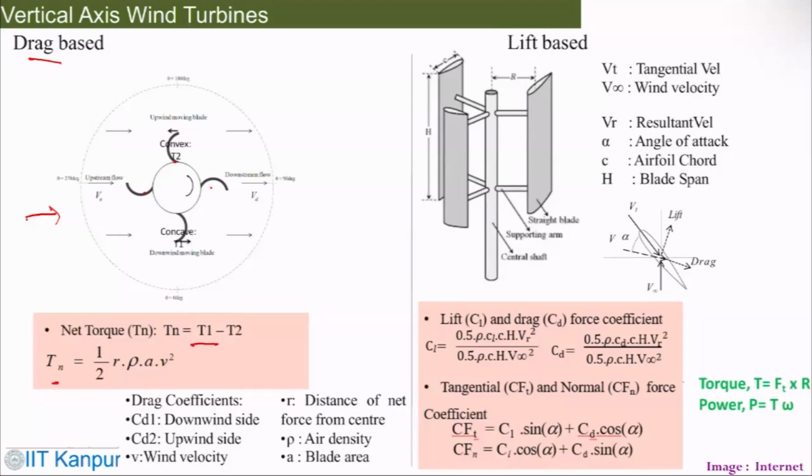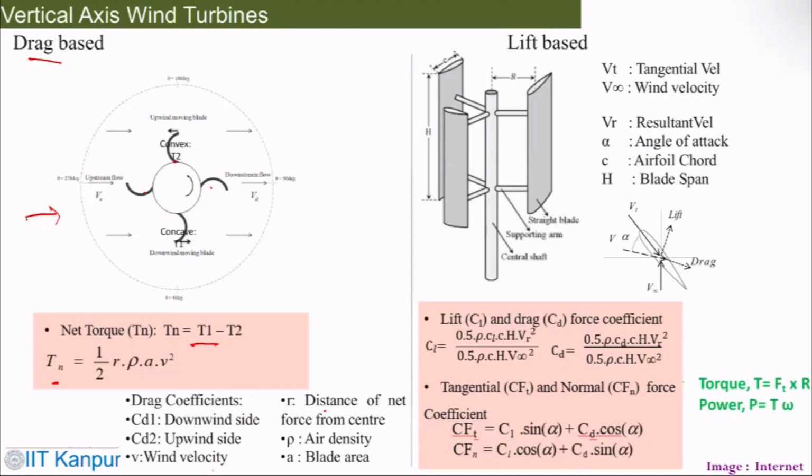Then you find the complete torque where your drag coefficients are there: CD1 is one drag coefficient, CD2 is the second drag coefficient, along with velocity, distance from the net force, density, blade area, and all these things. This is quite straightforward once you consider this.